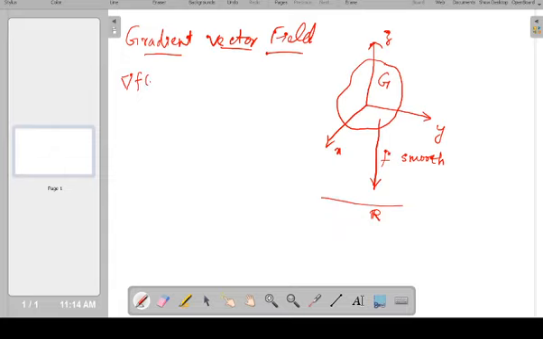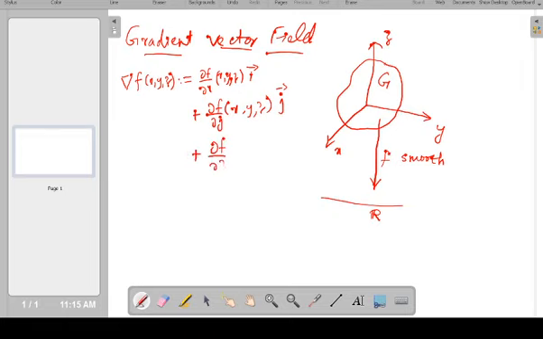Del f at a point x, y, z in the domain G is defined to be dou f by dou x at the point x, y, z into vector i plus dou f by dou y at the point x, y, z times vector j plus dou f by dou z at the point x, y, z into vector k.